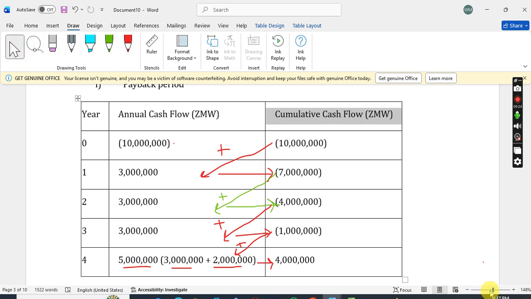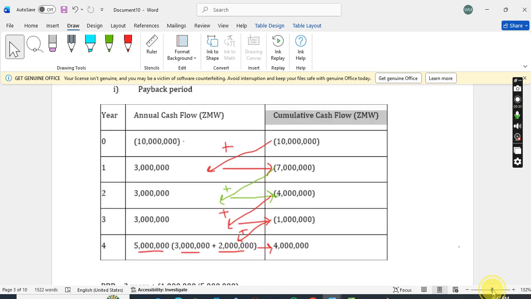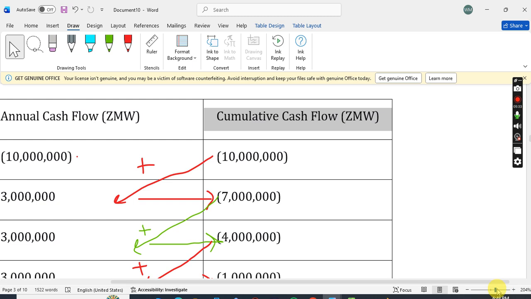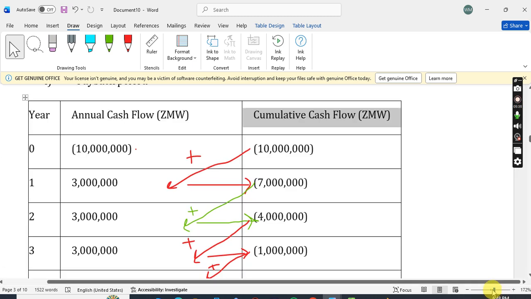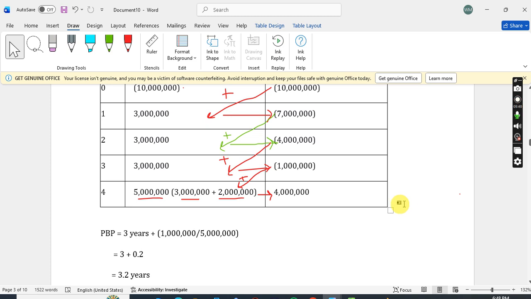To be more specific, you take this negative cash flow and make it a fraction over this one: 1 million over 5 million.